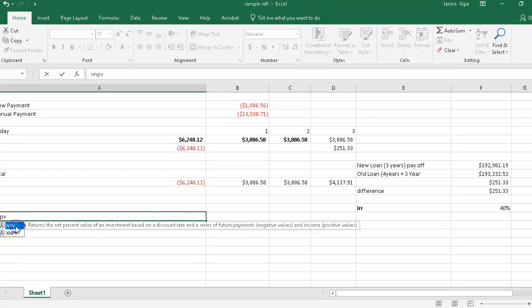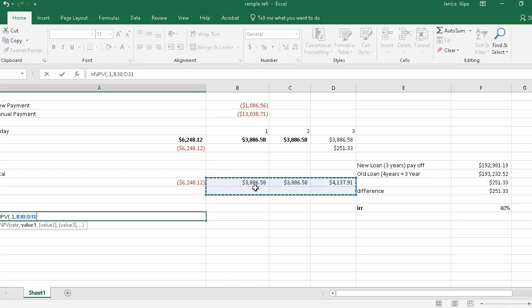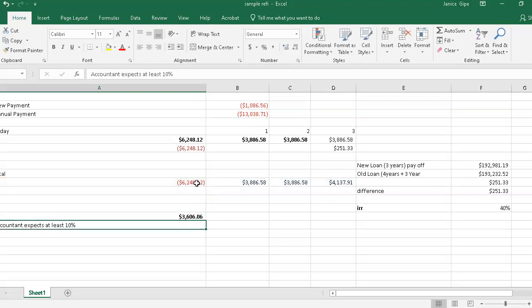and we take the rate, which is 0.1%, and then these values, and then close that, and then add in the $6,248.